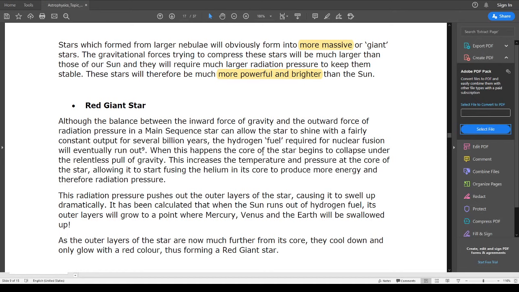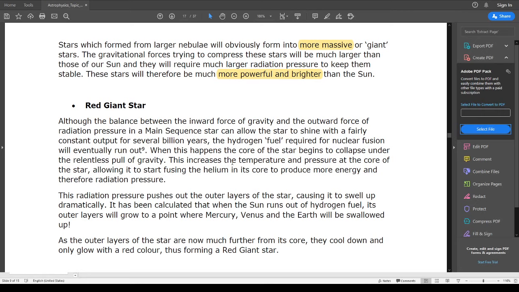Remember how I told you that hydrogen fusion produces a huge amount of energy, way more energy than nuclear fission reactions, way more than the atomic bomb. Well, guess what? Helium fusion releases even way more energy than hydrogen fusion.